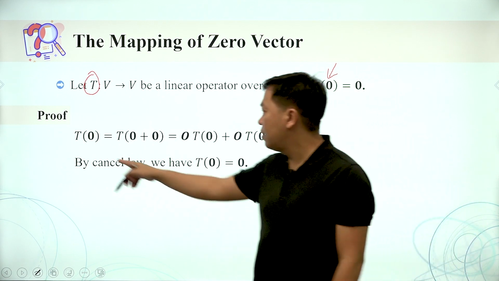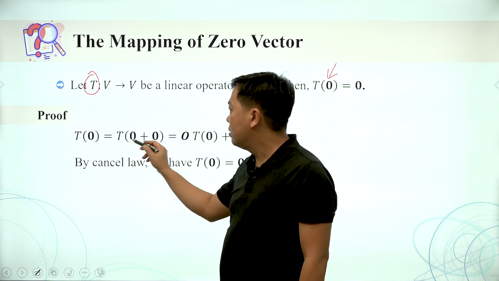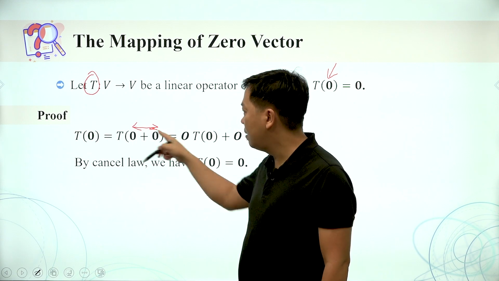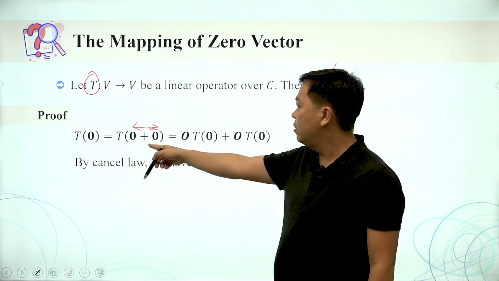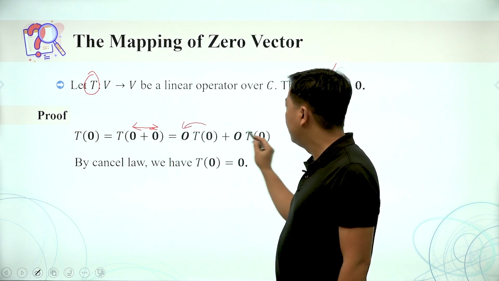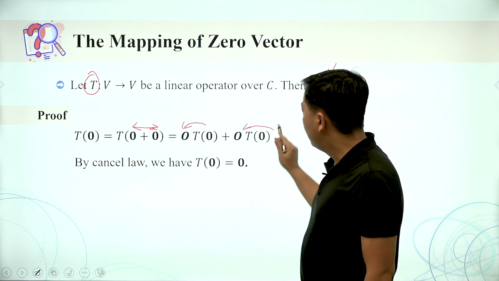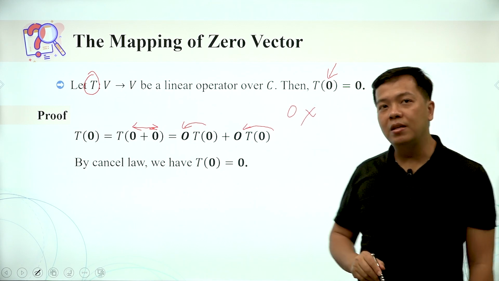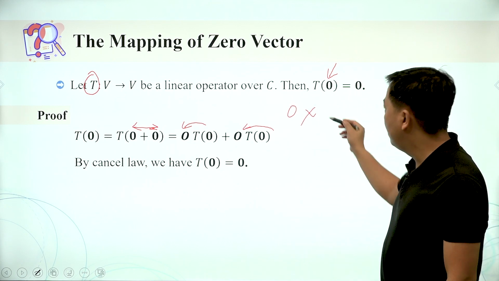For example, you have this one in a linear combination, right? After you set it equal to the linear combination, you can move the 0 out. 0 multiplied with any value is equal to 0, right?